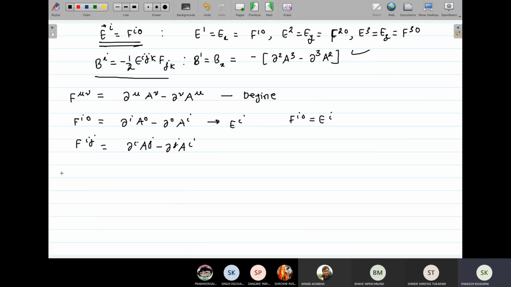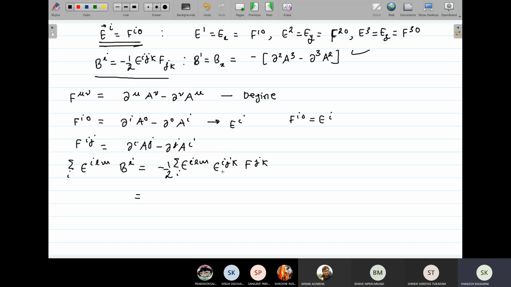Suppose I multiply this quantity from the left by epsilon ilm. Epsilon ilm Bi equal to minus half epsilon ilm epsilon ijk Fjk. Some more jk is implemented, and some more i is implemented, so there is a summation over i.